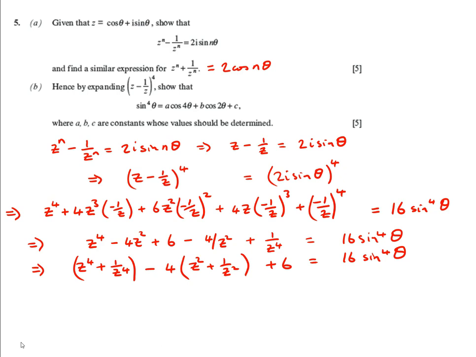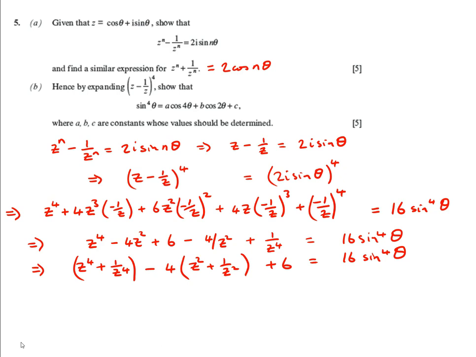But from the first part of the question, we know that z to the 4 plus 1 over z to the 4 is 2 cos 4 theta. And we also know that z squared plus 1 over z squared is going to be 2 cos 2 theta.